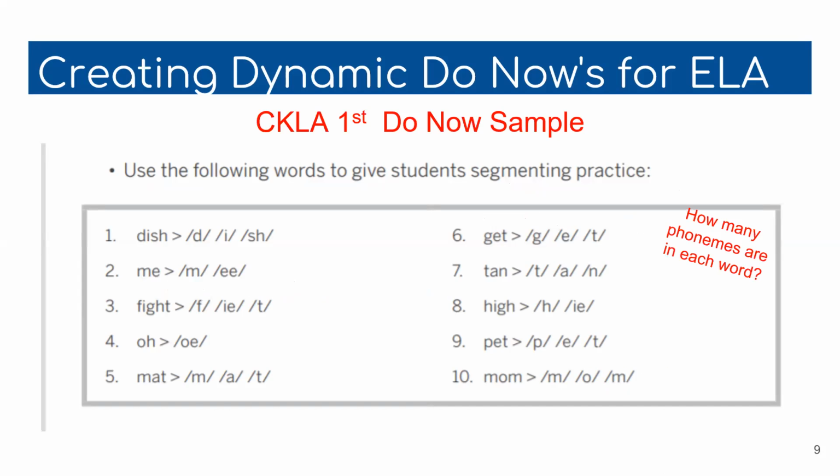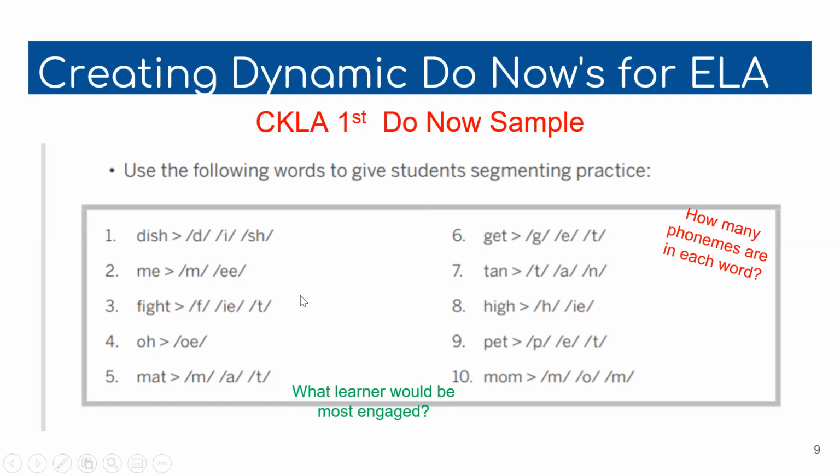Students will be on mute and they could say d-ish, 3, m-e, 2, f-ite, 3, o, 1, m-at, 3. This will give them a chance to call out and reflect on how many phonemes they hear.